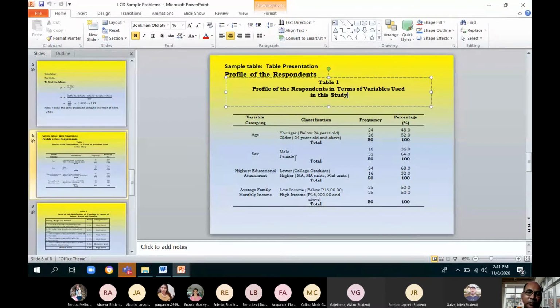Hindi accept yon. Okay na? Hanging table lang. Ang title, inverted pyramid.